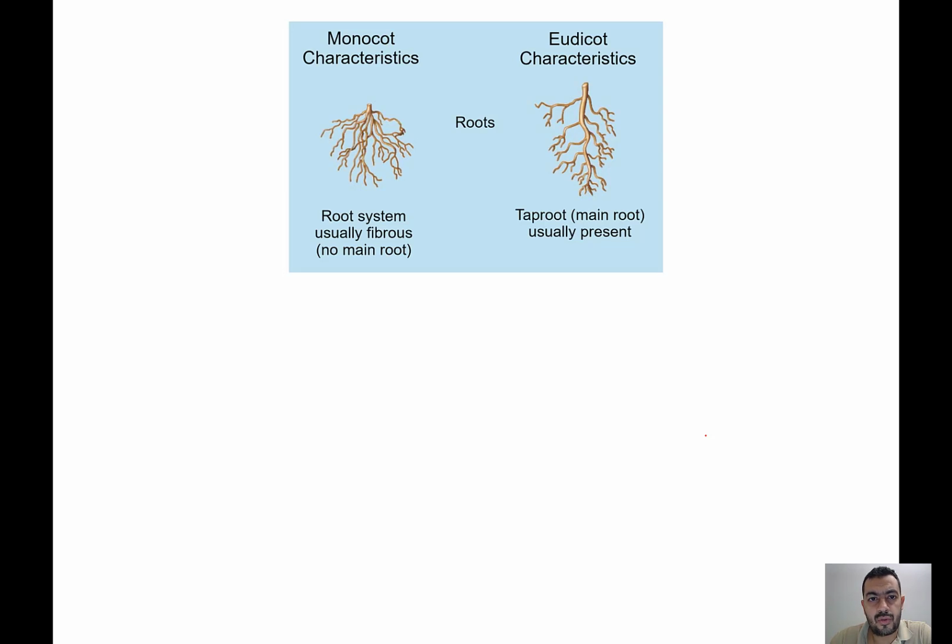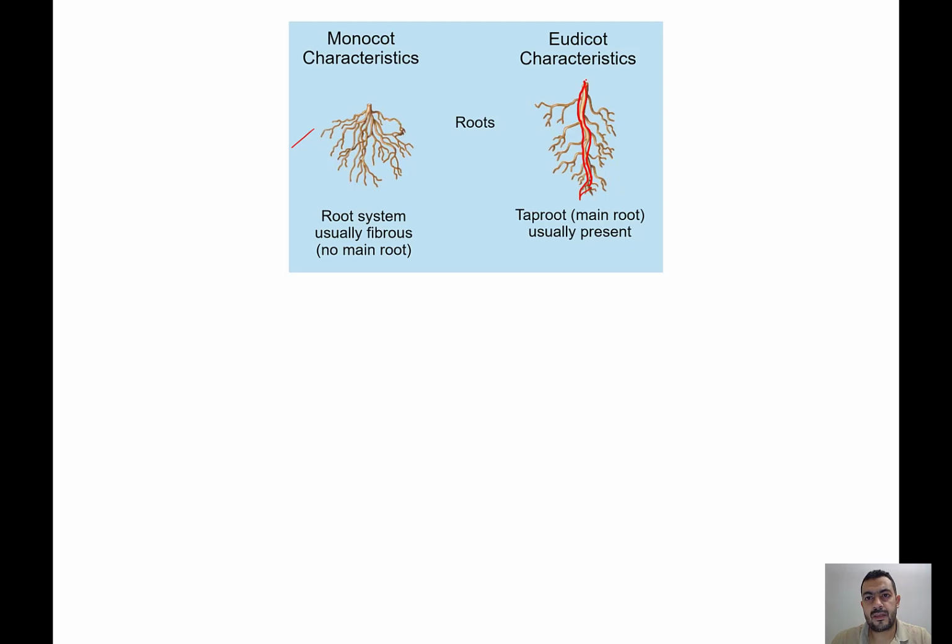So the roots in the monocot are usually fibrous, meaning that there is no main root. So all the roots are equally important and have the same thickness. You cannot recognize a main root. While if you look at dicots, you will find a main root, a very thick one, and then the others are side roots arising from this main root.